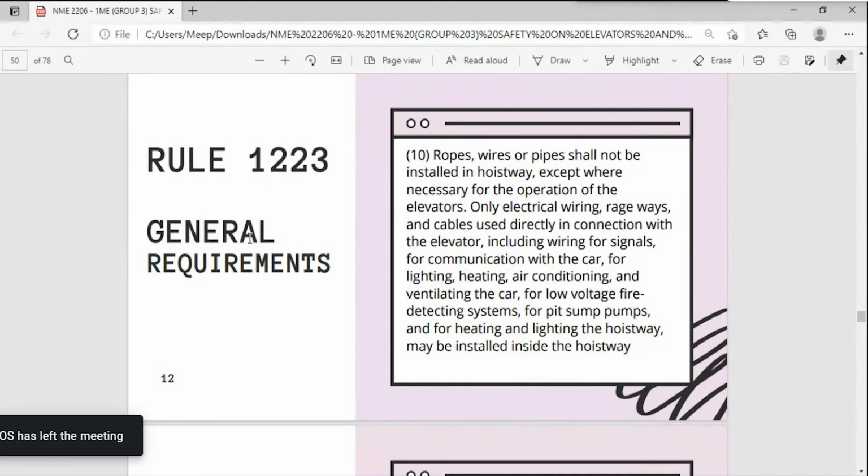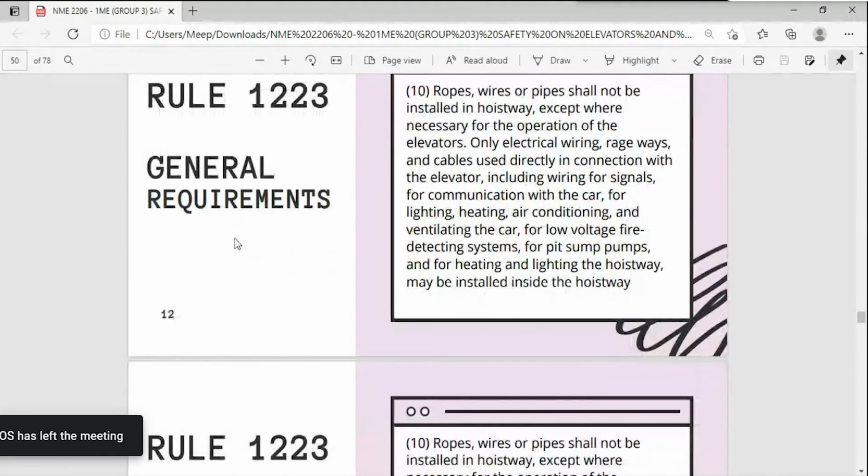So yung mga hindi necessary na ropes, wires, or pipes ay hindi dapat naka-install sa loob ng hoistway para to easily identify and hindi mapaghalo yung necessary na kailangan para sa elevator mismo.